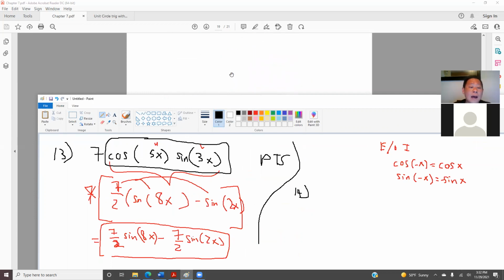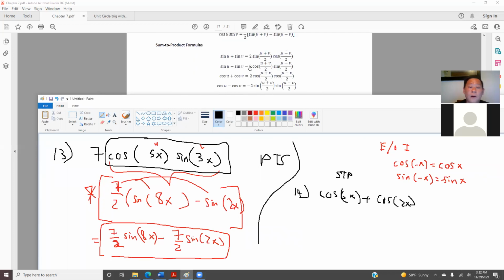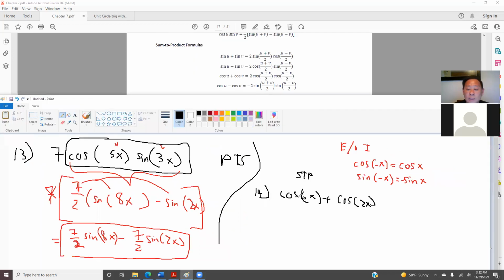Okay. And the last one is question number 14, where you use the sum to product. So you have to do cosine of 6x plus cosine of 2x. We'll be using STP, sum to product. Now you look at your formula for sum to product. Again, you got 4 of them, and you only pick one. This is actually cosine plus cosine, so this is number 3.